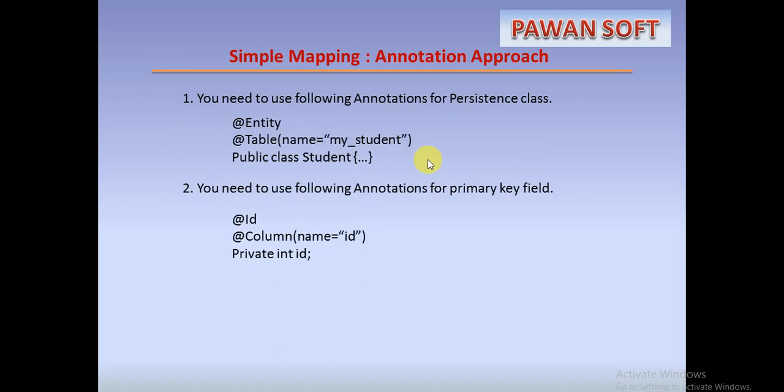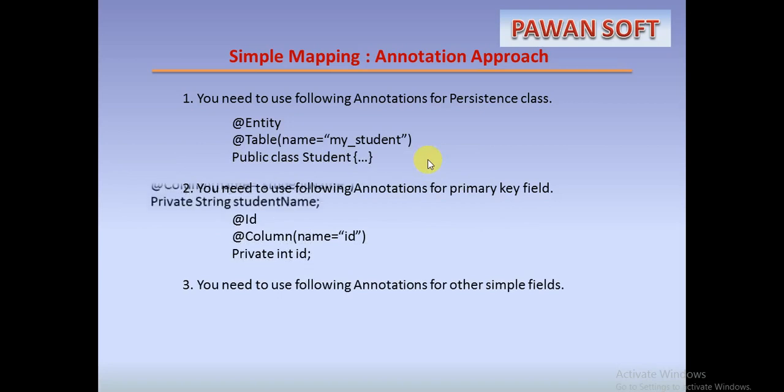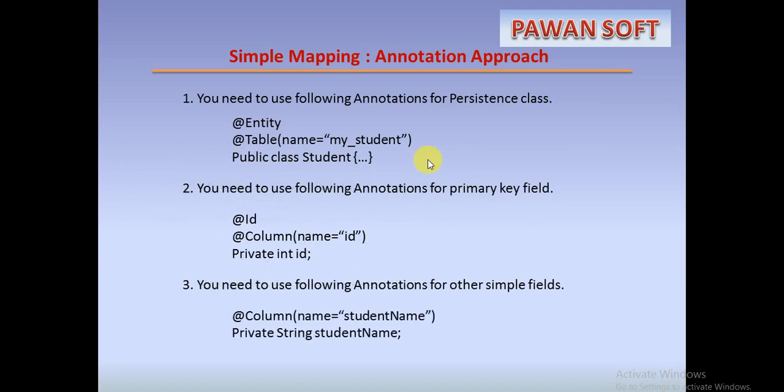To specify the column name, you have to use @Column, name is equal to column name, right? And when you have other properties, for that you have to use only @Column name to specify the column name. That's it, right?